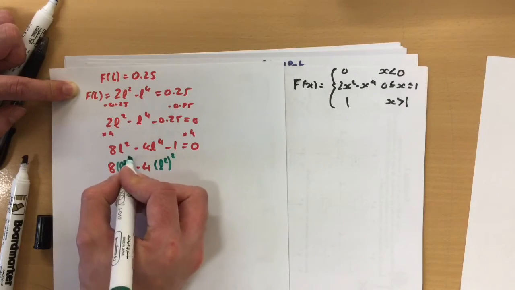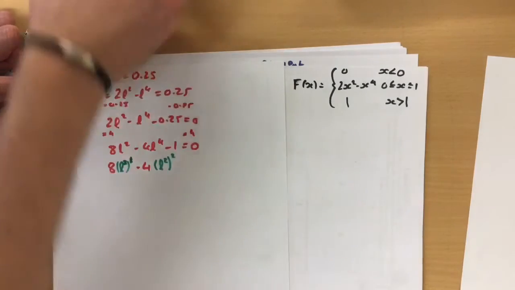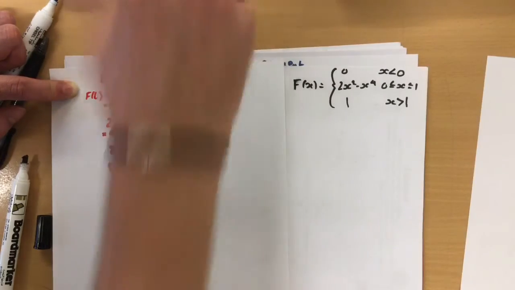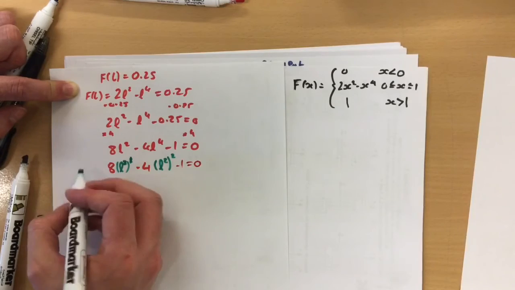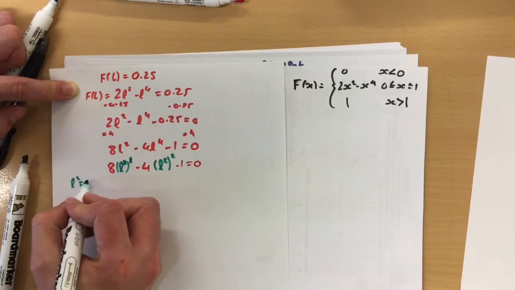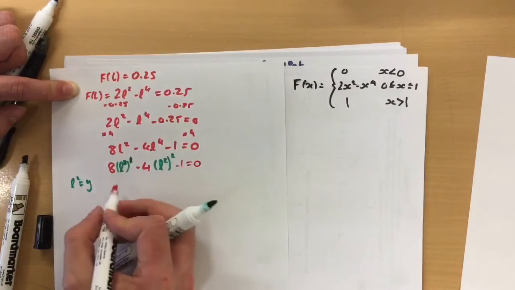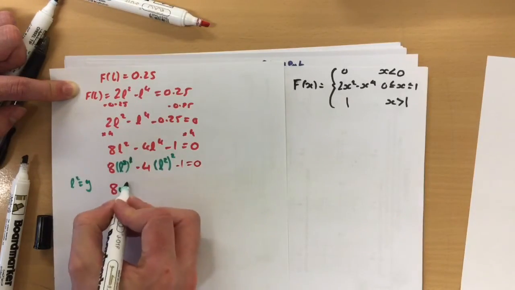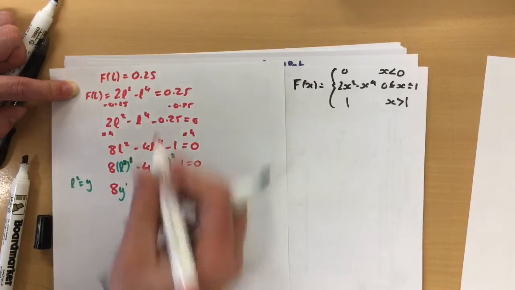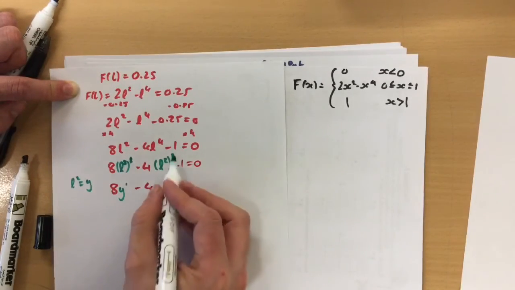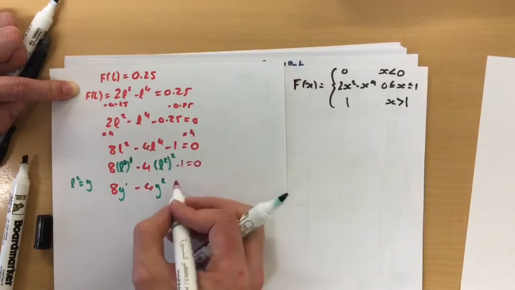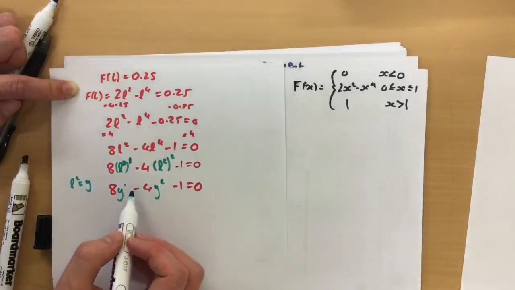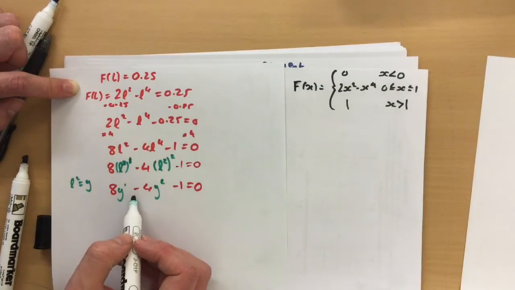So what I'm going to do is substitute, rather than L squared, I'm going to use y. Because then that gives us 8y minus 4y squared, subtract 1 is 0. And now we have a nice, beautiful quadratic to solve.